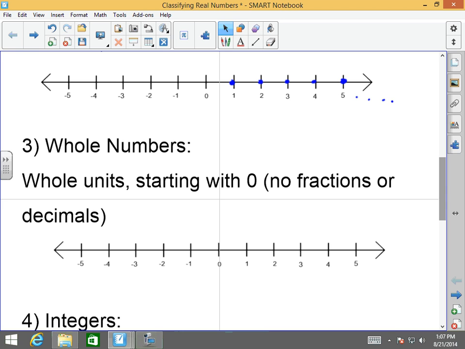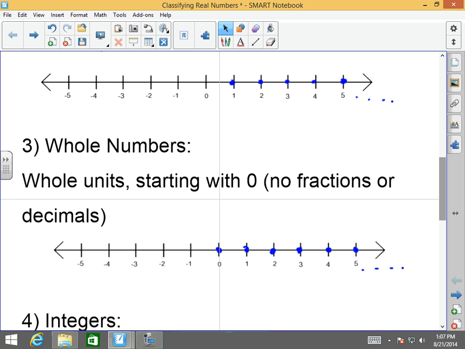No fractions and no decimals. So whole numbers on a number line would include 0, 1, 2, 3, 4, 5, dot, dot, dot. Okay? These are whole numbers.